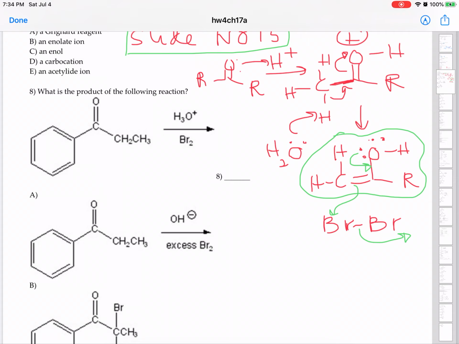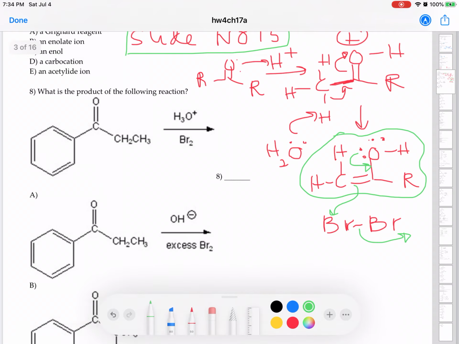So for the acid catalyzed bromination, normally only one bromine will add on to the alpha carbon. Okay, if this is acid catalyzed bromination. I'll go ahead and erase this part.